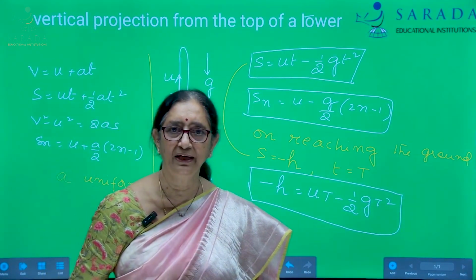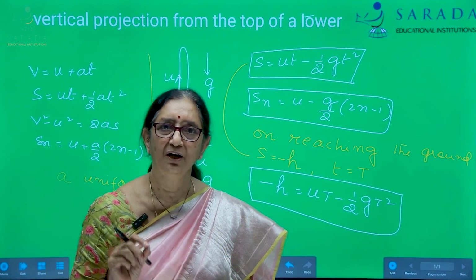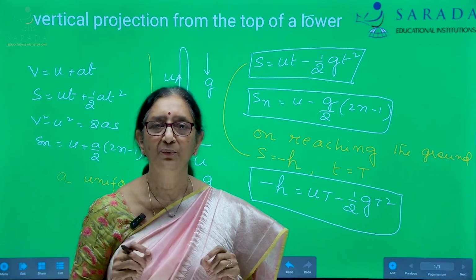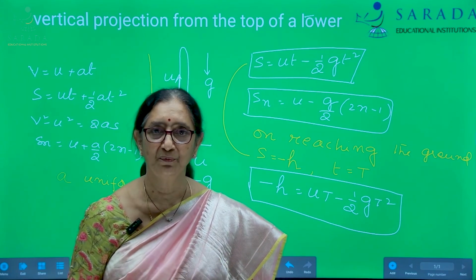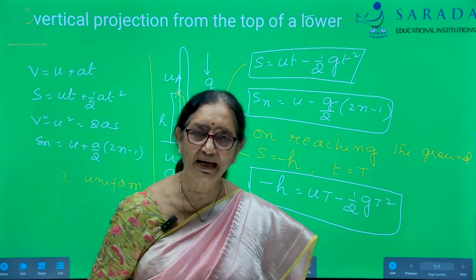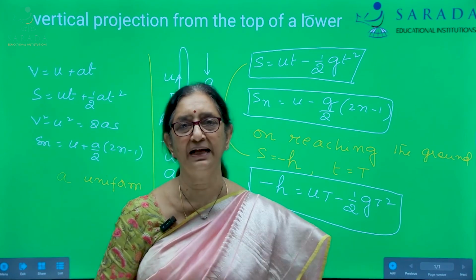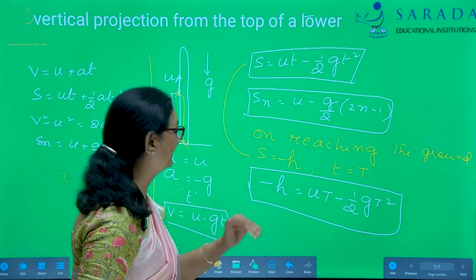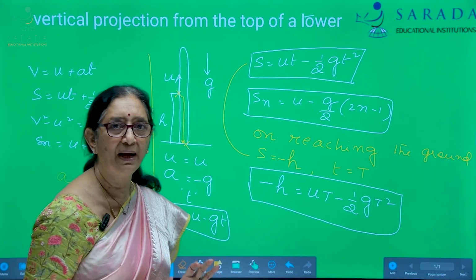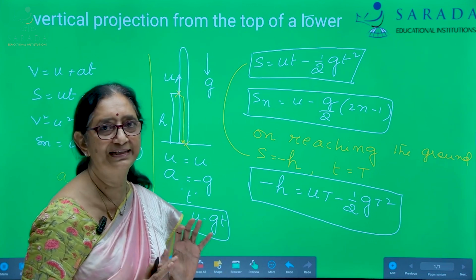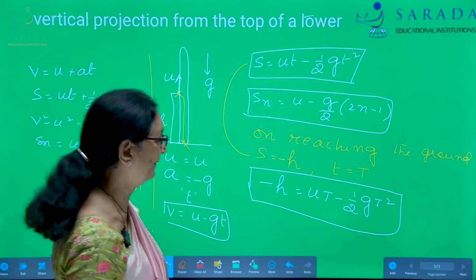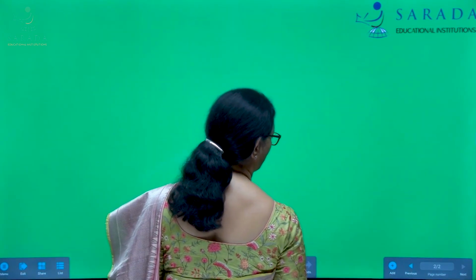If a body is projected vertically up from the top of the tower with a velocity u, and it reaches the ground in time T, and h is the height of the tower, then minus h = ut minus half gt square. Now we will do one problem based on this equation.